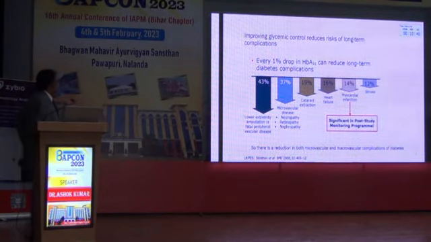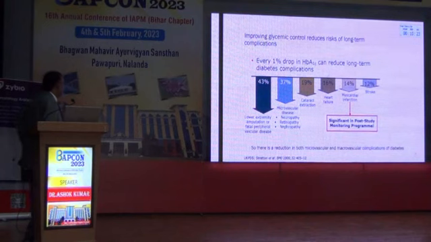By this picture I want you to understand that improving glycemic control reduces the risk of long-term diabetic complications. Even a 1% drop of HbA1c can reduce long-term diabetic complications.